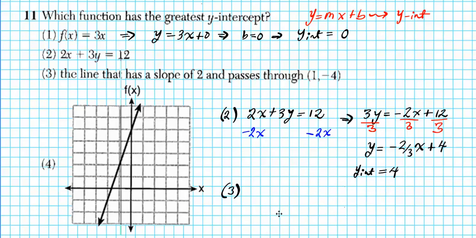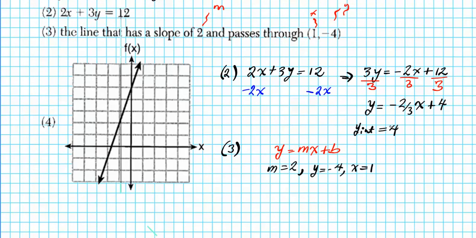Let's use y equals mx plus b and just find what b is. We'll call this our x, call this our y, and this will be our m. We're going to plug in those values into this equation. m is 2, the slope, y is negative 4, and x is 1. So we just want to calculate the y-intercept.